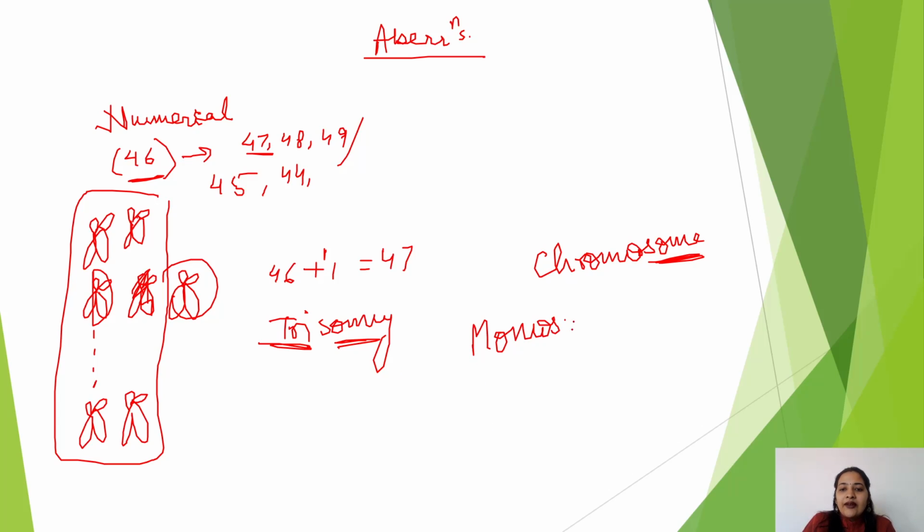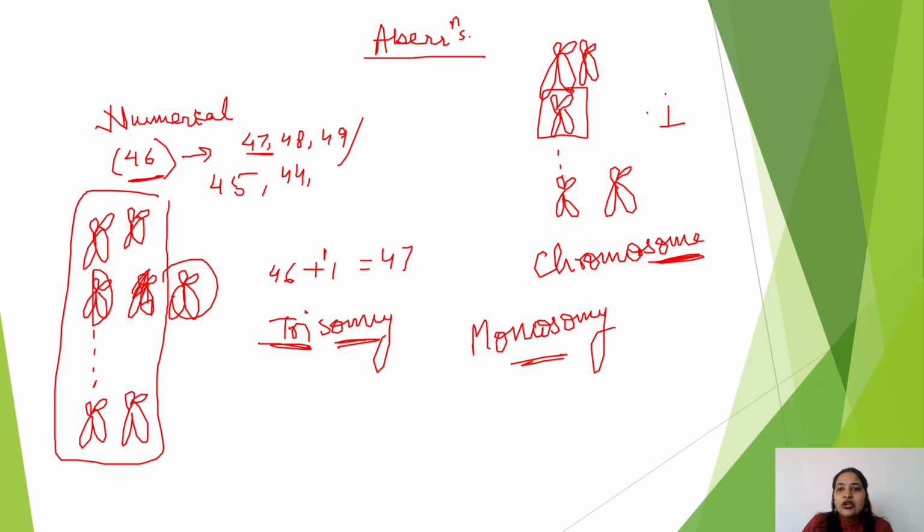This is named after how many chromosomes we are left with. Suppose I'll draw it again. This is one pair, this is the second pair, and so on, and this is the 23rd pair. If you see, we have only one chromosome in this pair. One means mono, so it is known as monosomy, right?